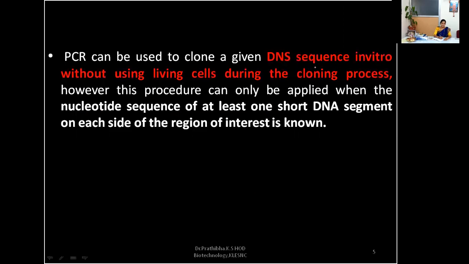PCR can be used to clone a given DNA sequence in vitro without using living cells during the cloning process. However, this procedure can only be applied when the nucleotide sequence of at least one short DNA segment on each side of the region of interest is known.